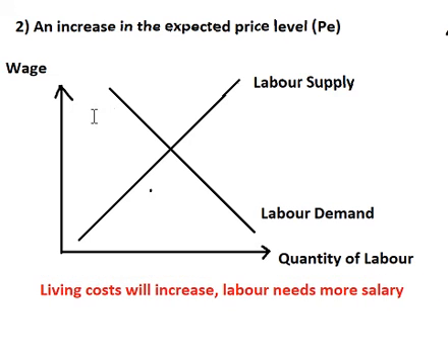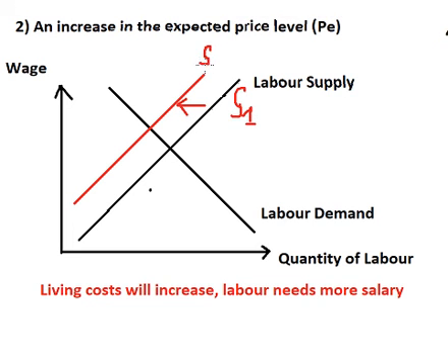So if they want more salary, the labor supply will shift to the left. This is H number 1 and this is H number 2. The equilibrium will go to here.